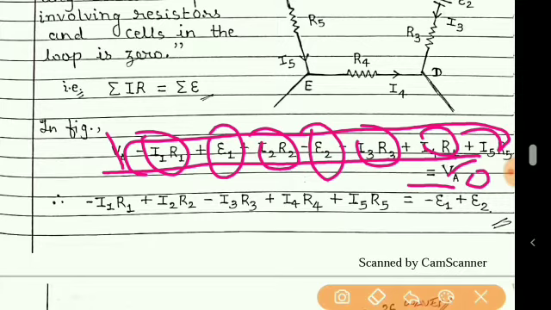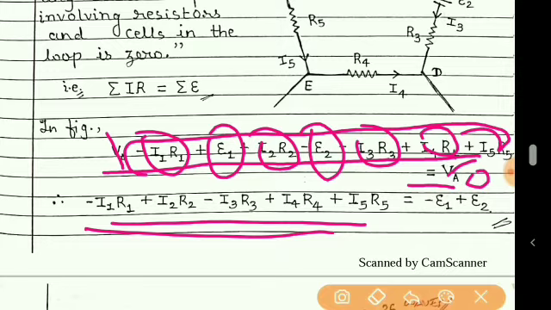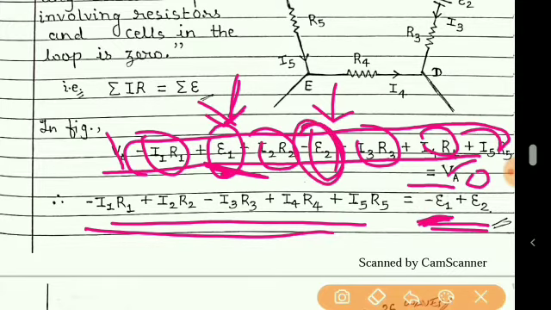So we can do one thing to make it simpler: on the left side we will put the terms with IR, meaning current into resistance, and on the other side we can put the terms related to EMF of the batteries. So we will bring this epsilon 1 and epsilon 2 towards the right hand side. As epsilon 1 is positive, if we bring it to this side, it will become negative. Epsilon 2 is negative, but when we bring it towards the right hand side it will become positive.